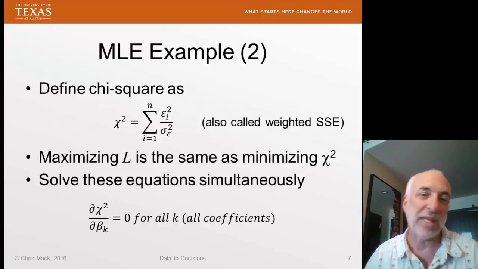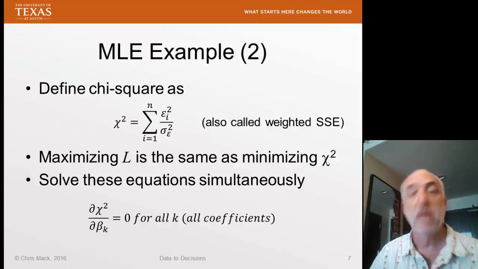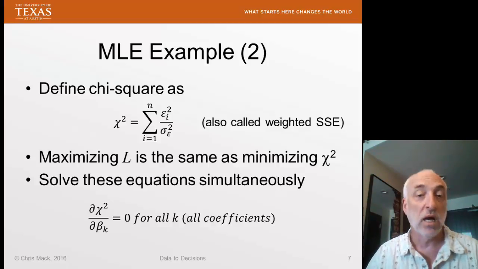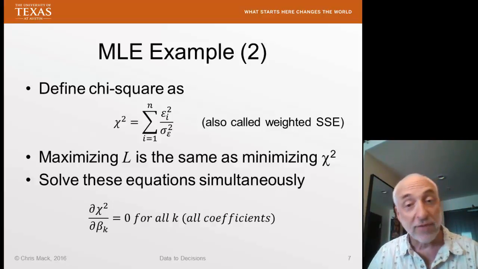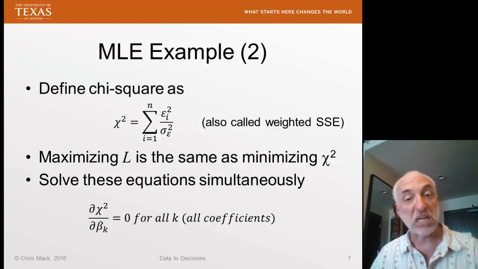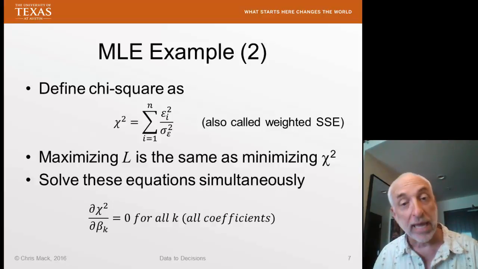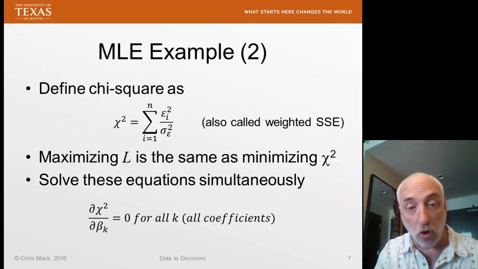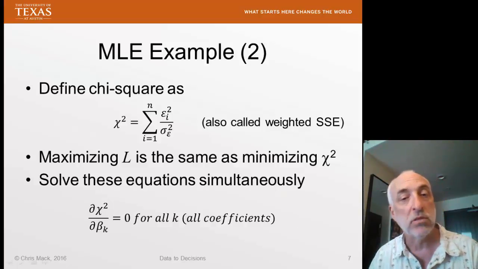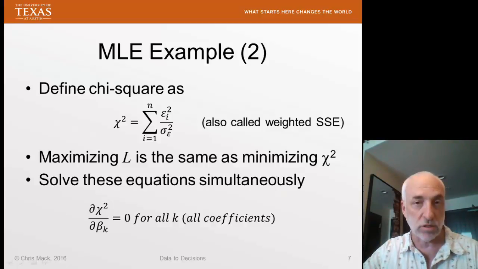In this case, we're going to do a straight line model. We'll only have beta 0, the intercept, and beta 1, the slope. But if I had a more complicated model, I would do this for every single parameter in the model. Every time I do that, I'm going to get an equation. And if I solve all of these equations simultaneously, I will have my answer, the best fit set of coefficients.